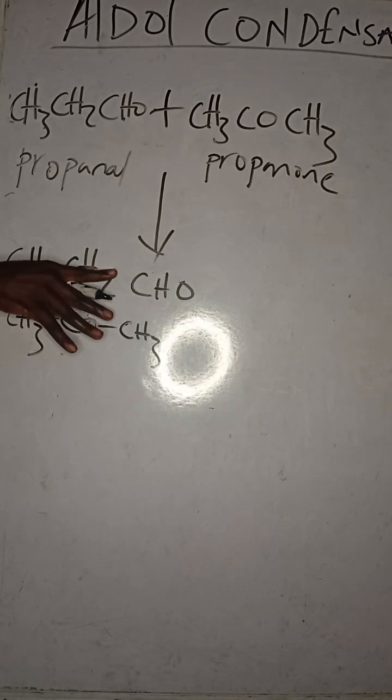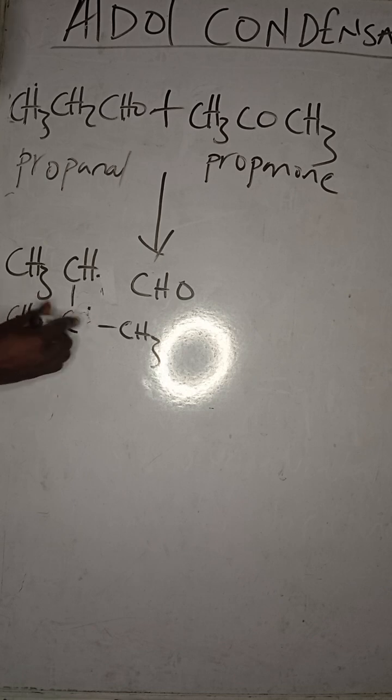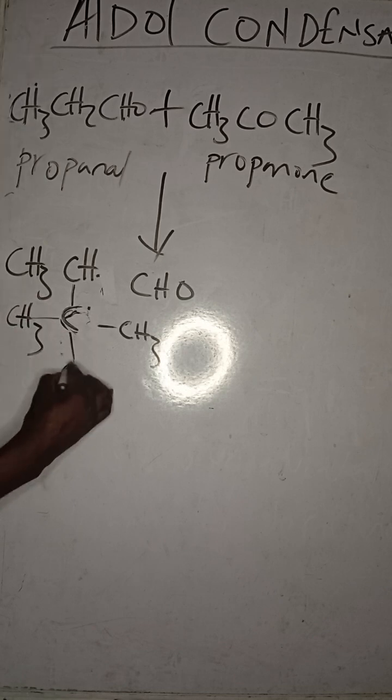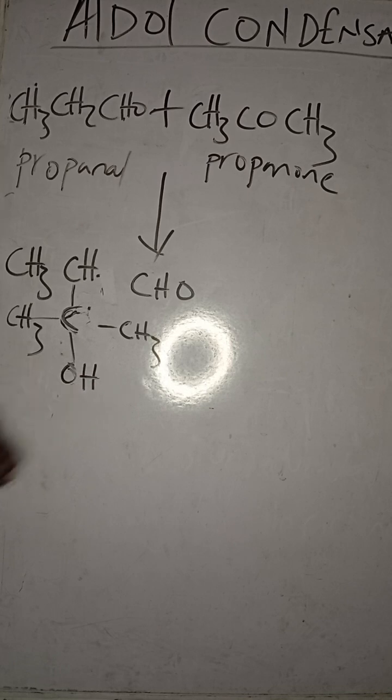Now the alpha hydrogen lost here is used to form OH here. So this one is kind of different. It's to form OH here, and you have my Aldol product. As simple as that. I have my Aldol product, not my condensation product. If I write this compound for you, it's going to look something like this.